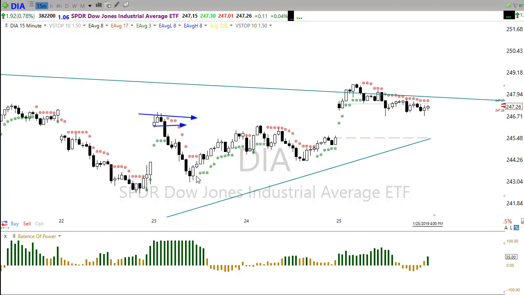If you didn't enter that trade, where was the next entry into the trade? We moved down. We consolidated over, by the way. We consolidated over to the trend. And then we failed. There's the entry into the trade.